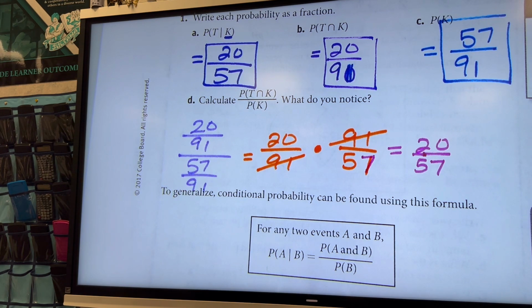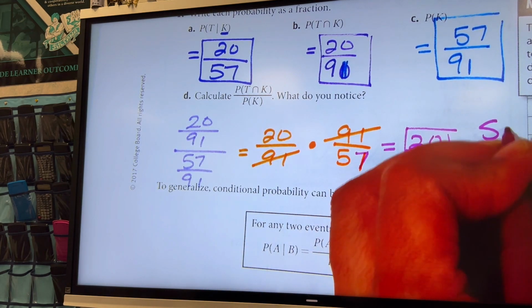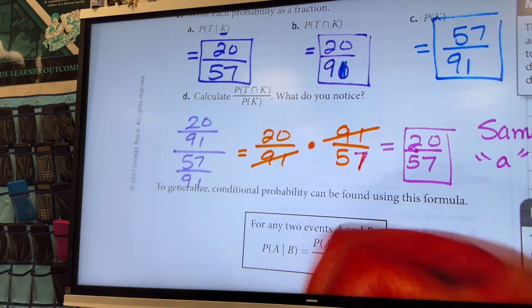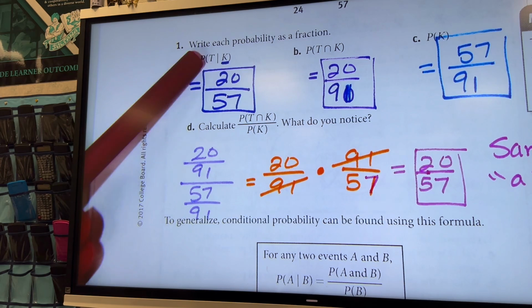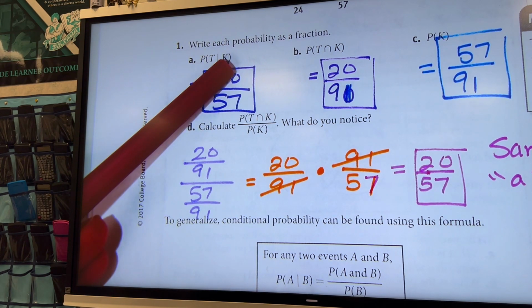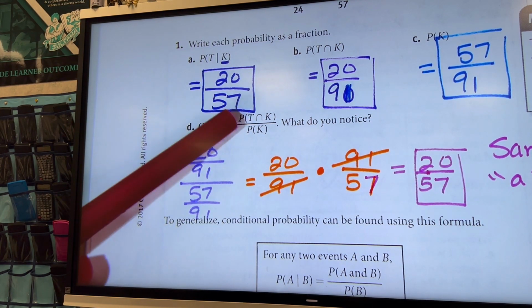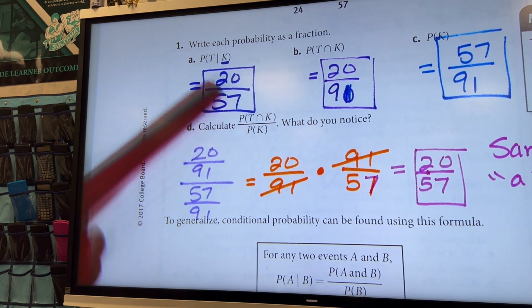It's the same as part A. A was the probability of T given K. Based on yesterday, when we're finding probabilities, don't we have to find the probability of K and put that in the denominator, and the probability of T and K and put that in the numerator? So by definition, these two are equivalent.